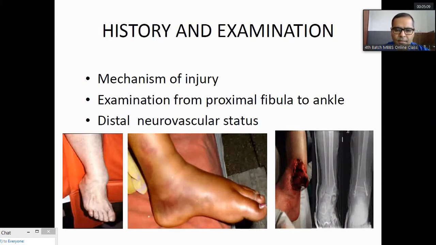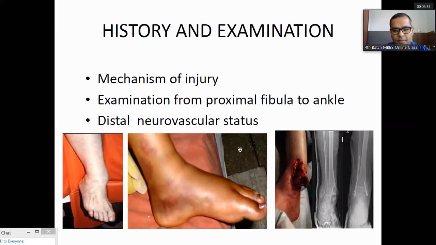This is the typical clinical picture which we see in the high energy ankle injury. We call it low energy when it occurs with a simple twisting mechanism, where only the lateral ligaments are injured, or sometimes we see the lateral malleolus fracture.